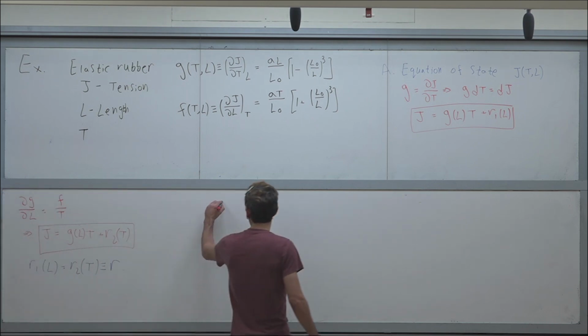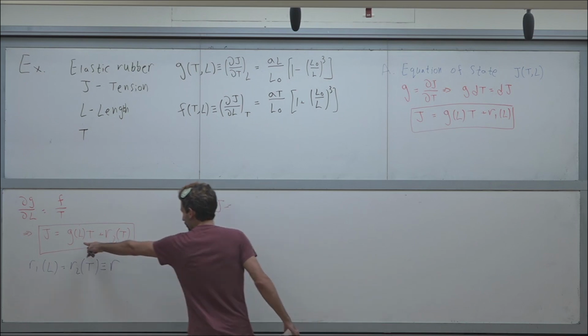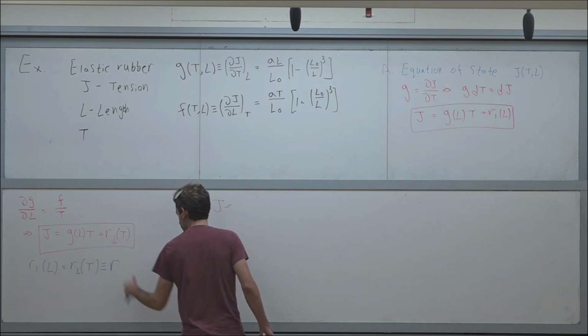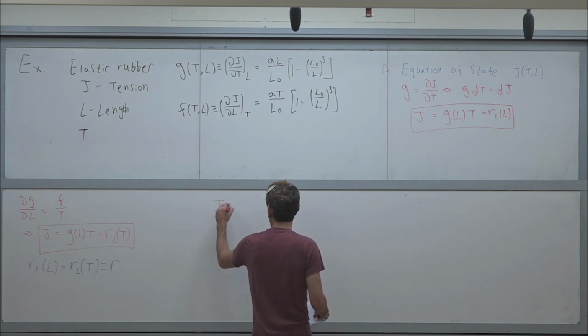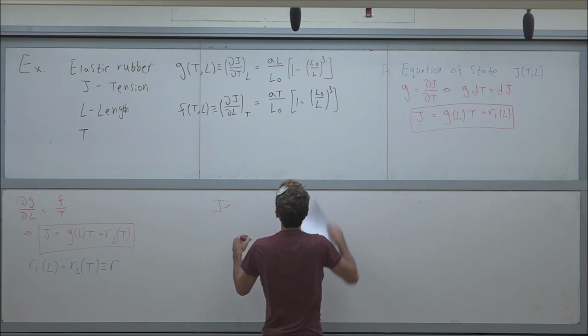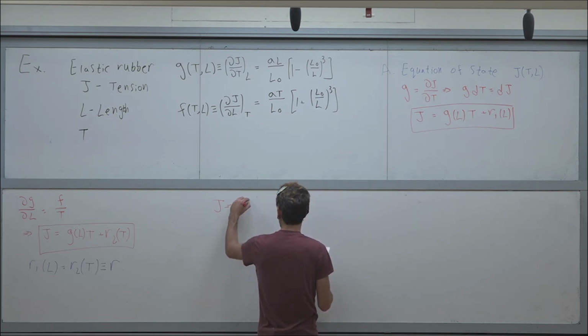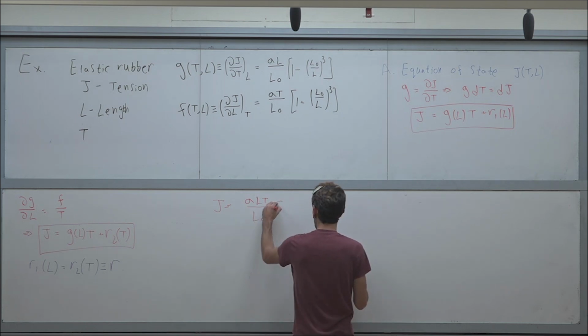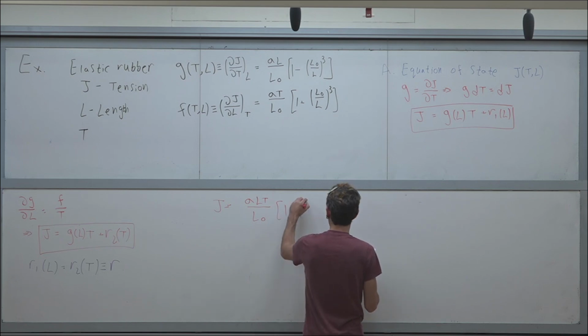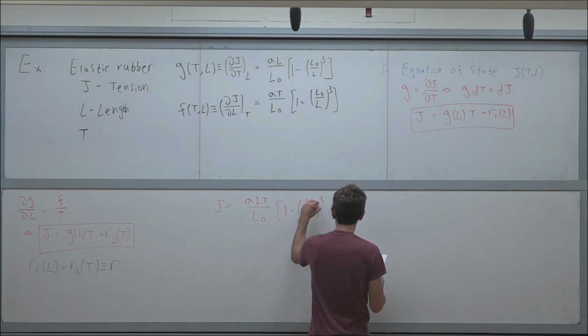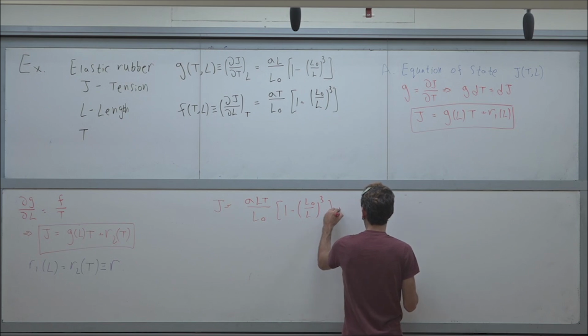So now we can write J, which is equal to G(L) times T plus a constant. We have the definition of G there, so it's aLT over L naught, times 1 minus L naught over L to the third, plus a constant.